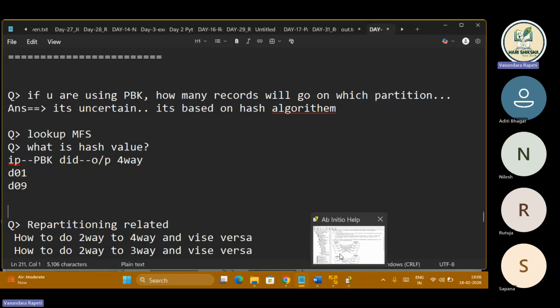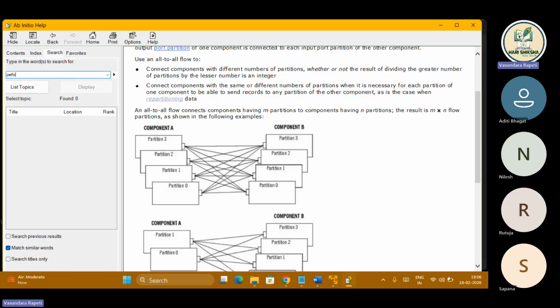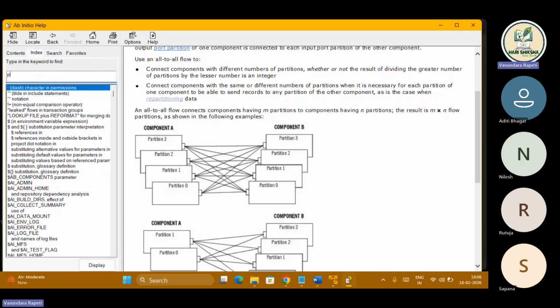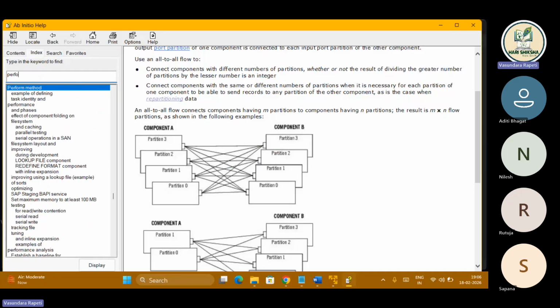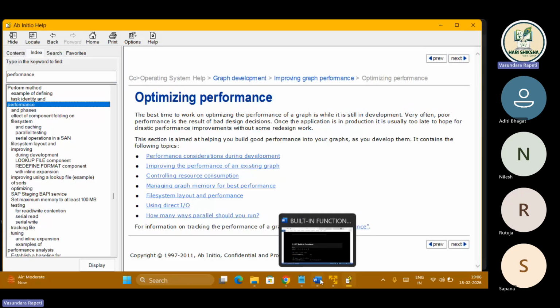Yes, guys, tell me fast so that we can move on to show you something related to performance. Yeah, this we will discuss today.